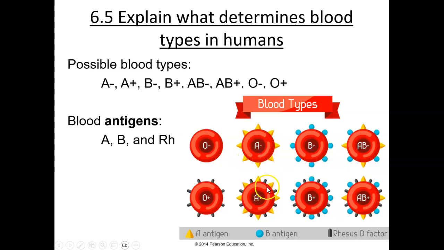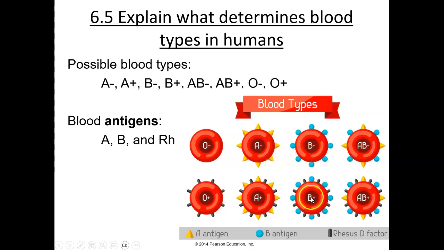So A positive blood has A proteins and Rh. Remember, the Rh is what makes it positive. A negative blood has A proteins, and that's it. Negative means there's no Rh proteins.